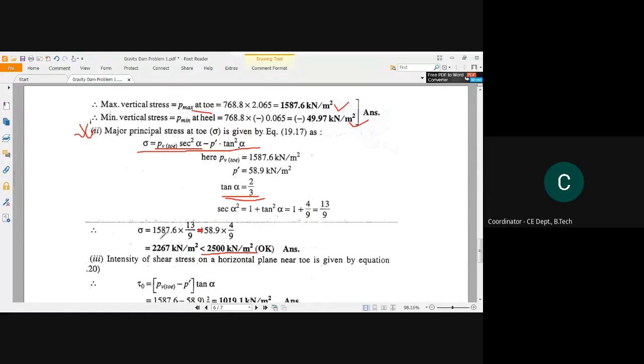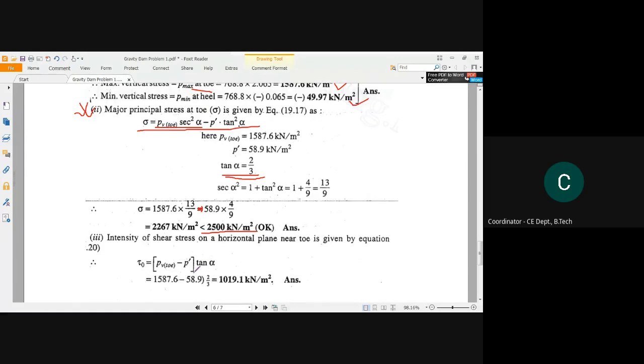The intensity of shear stress on the horizontal plane near toe, the equation is given here. Tau naught is equal to PV toe minus P dash.